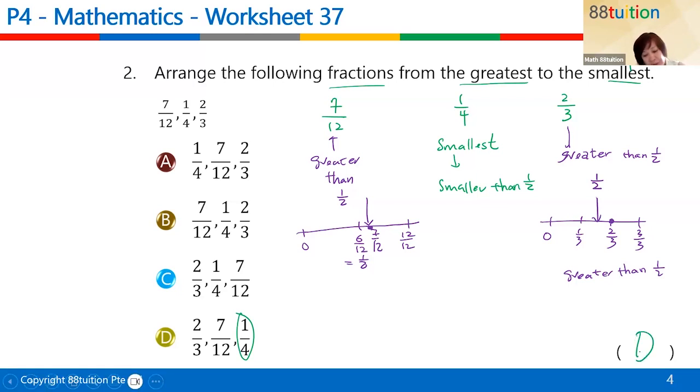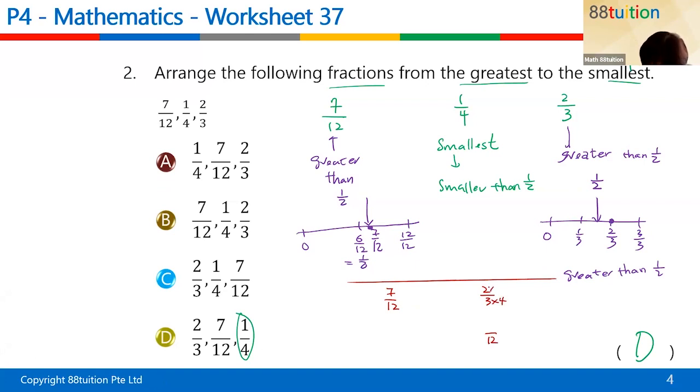But what happens if they ask you to rearrange which will be the greater fraction? The critical part is you must identify 7/12. I'm going to put a line here: 7 out of 12 versus 2 out of 3. So I just change it to 12.